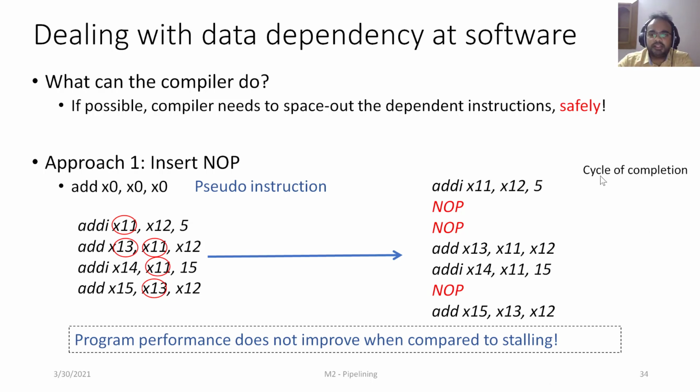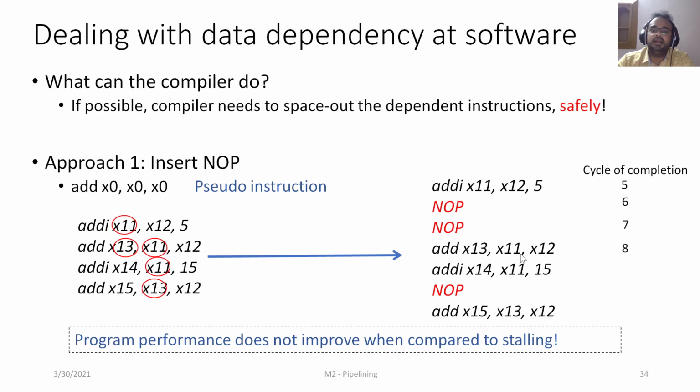So if we look at the cycle of completion, or the cycle in which each instruction would be in the write back stage, in the fifth cycle, the first instruction will complete. In the sixth cycle, the first no-op will be in the write back stage. In the seventh cycle, the second no-op.